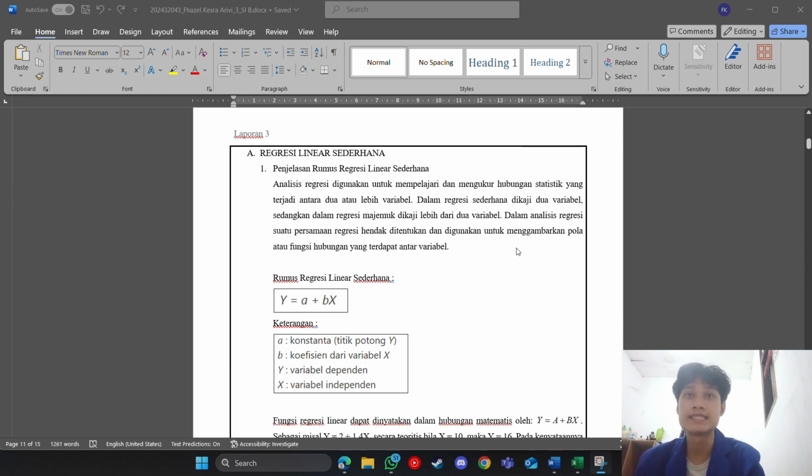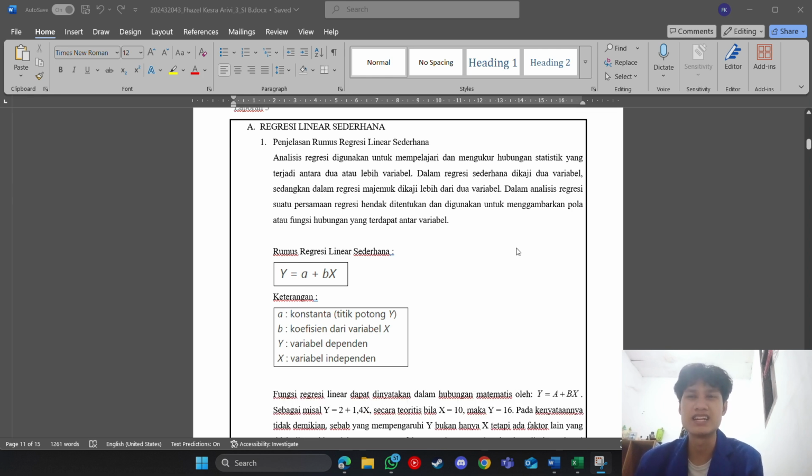So guys, what is linear regression? Simple linear regression is learning and determining the statistical correlation between two or more variables.